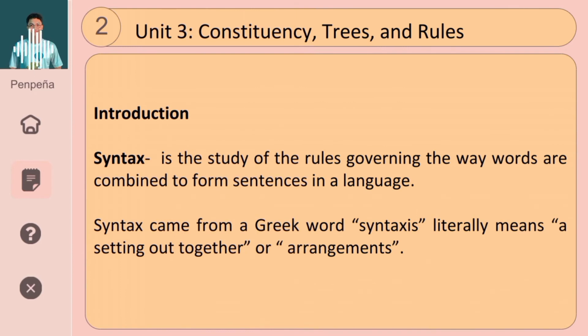Introduction. Syntax. Syntax is the study of the rules governing the way words are combined to form sentences in a language. Syntax came from a Greek word, syntaxis, which literally means a setting out together or arrangement. Syntax means the word order and depends on lexical categories or the parts of speech. You probably learned that there are 8 main parts of speech in grammar school, right?